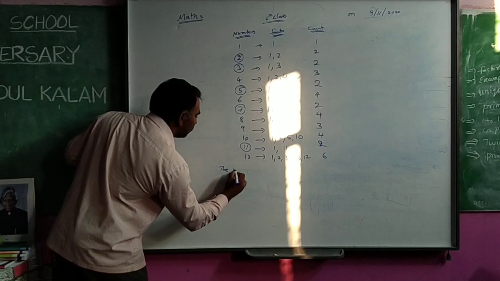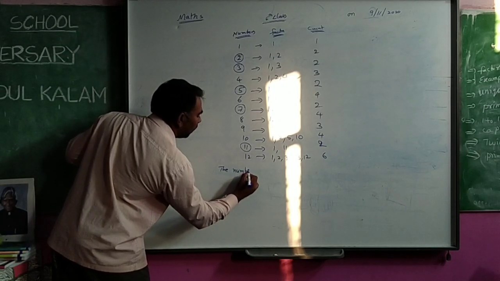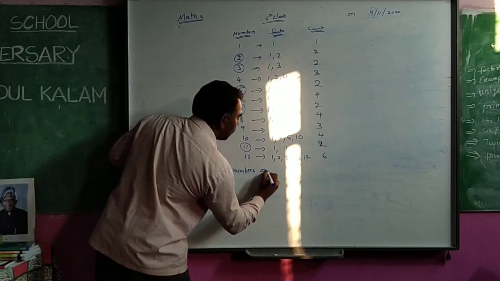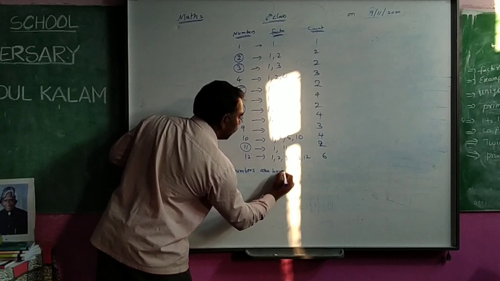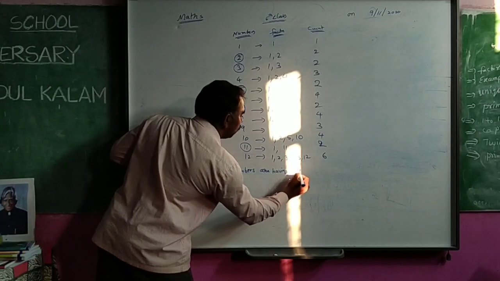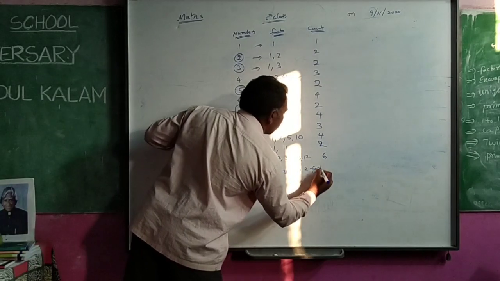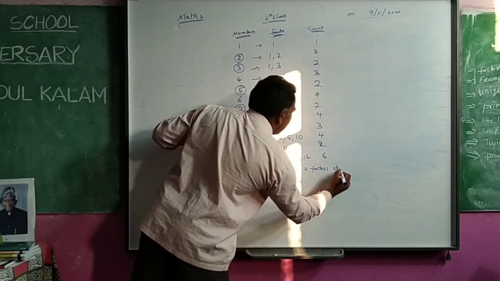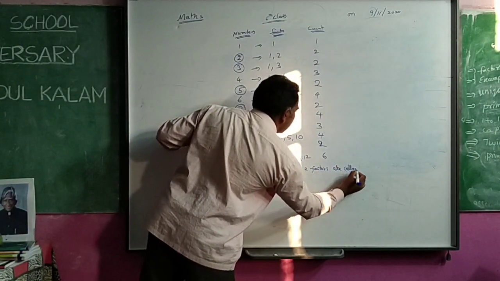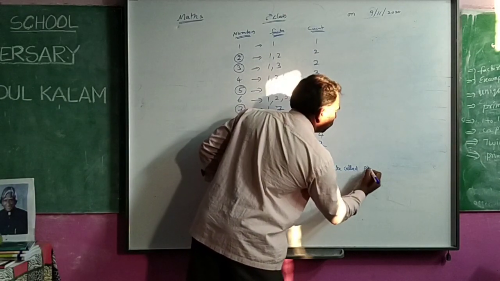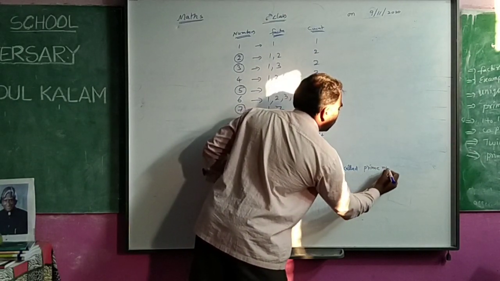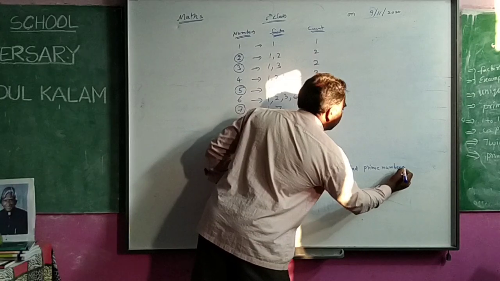The numbers which are having only 2 factors are called prime numbers. What do you call this? Prime numbers.